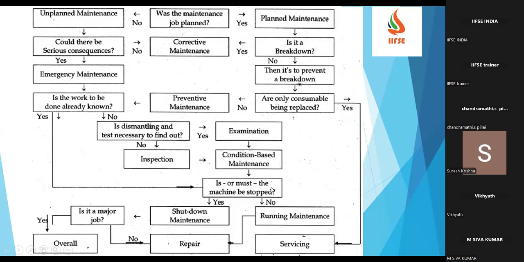If you are not able to stop the machine, it is running maintenance. Running maintenance in the sense that we will do lubrication or some sort of inspections in the running condition. That is running maintenance. This is how unplanned and planned maintenance work.